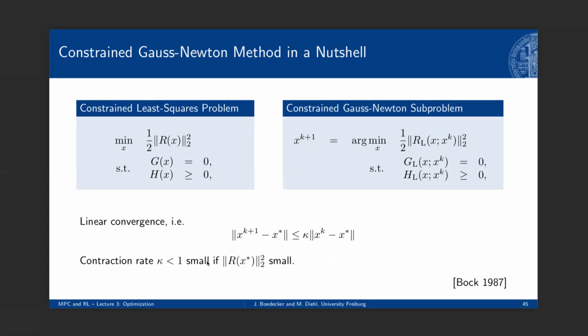And one can prove that this is small if the residual is small. That's a very interesting property, because the residual is exactly what we want to be small, right? So if you have a trajectory following problem where you can actually follow your trajectory quite well, so your deviation isn't too big, then your Gauss-Newton method will have a very good contraction rate and will work extremely well.